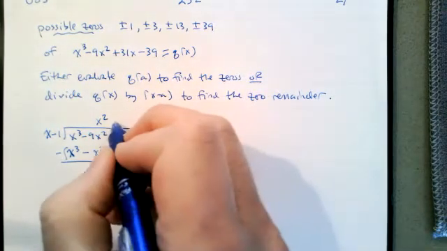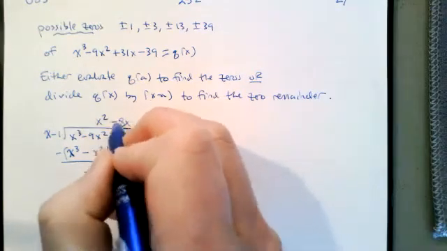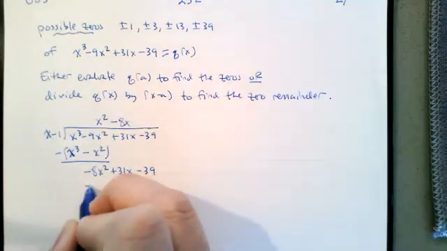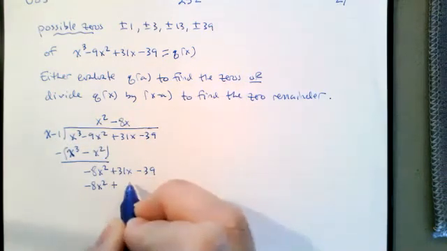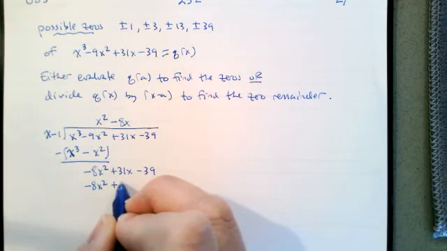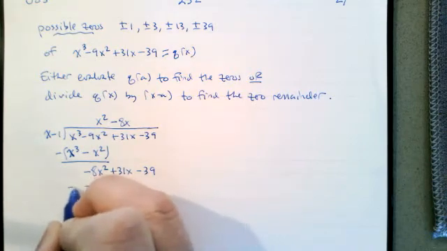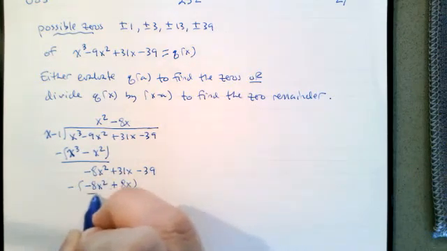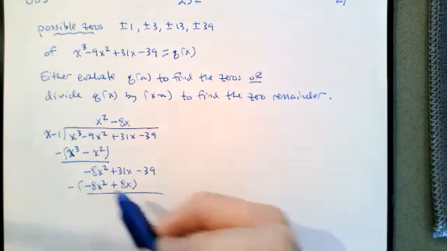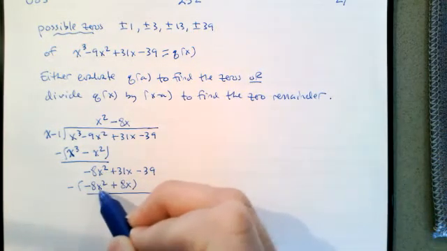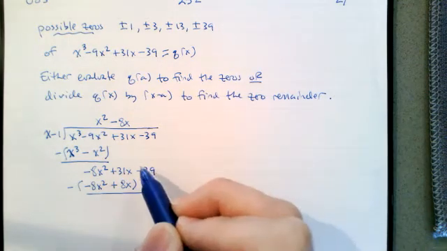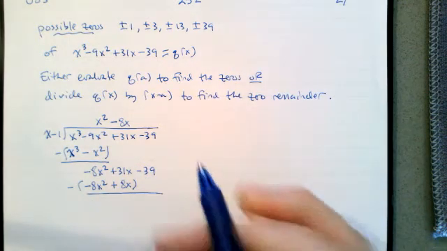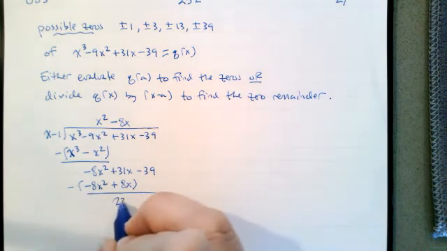And that would be -8x times. -8x times x is -8x squared. -8 times -1 is positive 8x. And then I need to subtract. The -8x squared minus a -8x squared cancels out by design. If that didn't happen, then something's gone wrong. And 31 minus 8 is 20 something, 23.